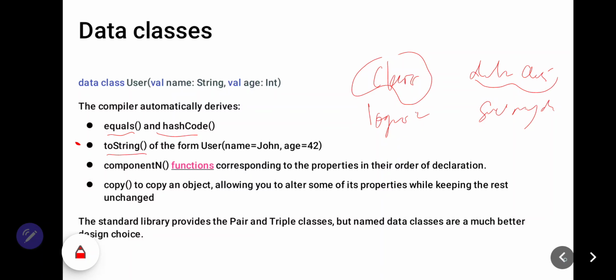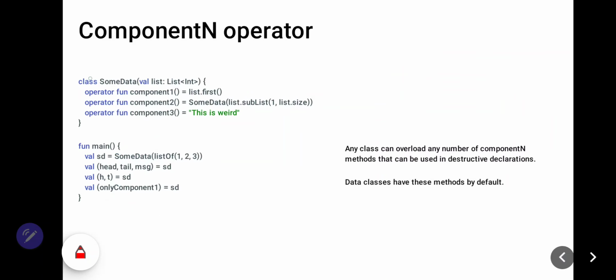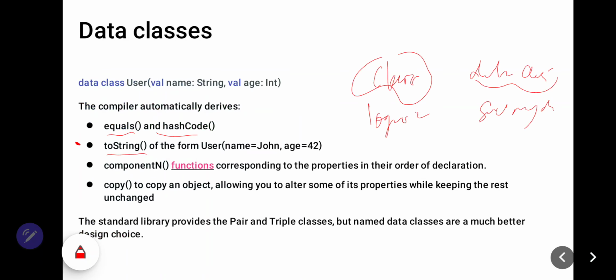If you see in the before example, if you write class, you have to write this destructuring explicitly. But if you write data class, you don't need to, because automatically you have those in your coding.